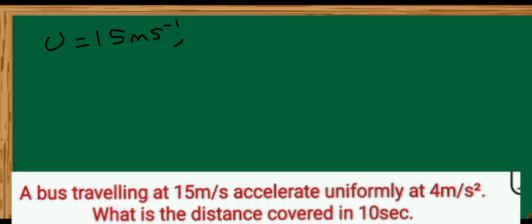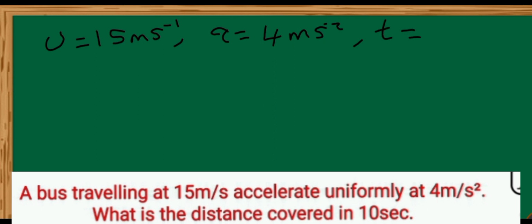Okay, next question. A bus traveling at 50 meters per second accelerates uniformly at 4 meters per second square. What is the distance covered in 10 seconds? Write out the parameters: our initial velocity is 50 meters per second. This time it is not 0 because it's not accelerating from rest, rather it is accelerating from 50 meters per second.